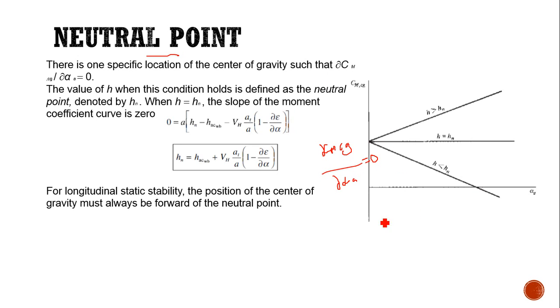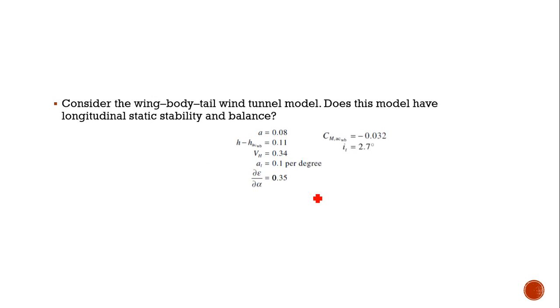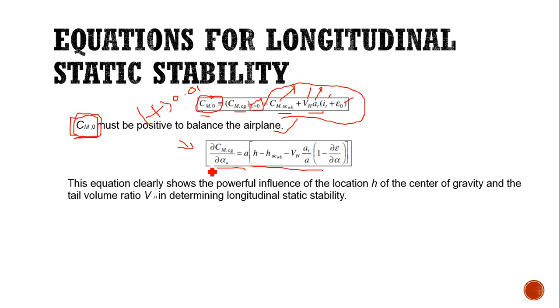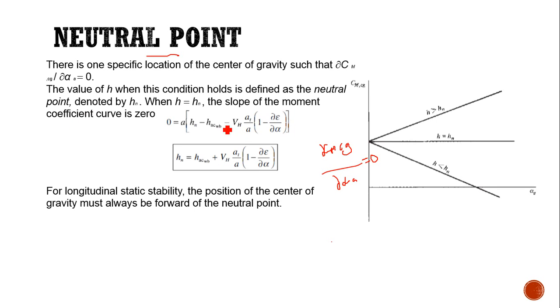So in aircraft also we have a neutral point. This neutral point is mainly used for the stability of the airplane. So here we have the formula, that is ∂CmCG by ∂α. If it becomes 0, the equation becomes 0 equal to a into (h minus h_ACWB) minus VH into aT divided by a times (1 minus ∂ε by ∂α). That is what I mentioned here.